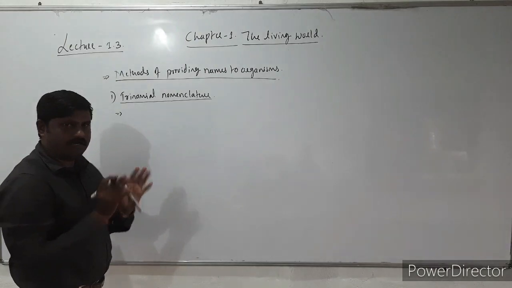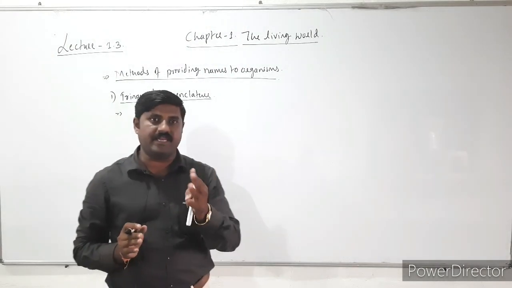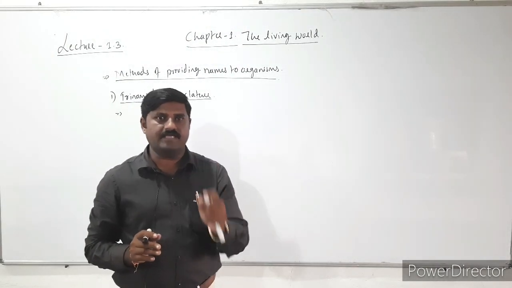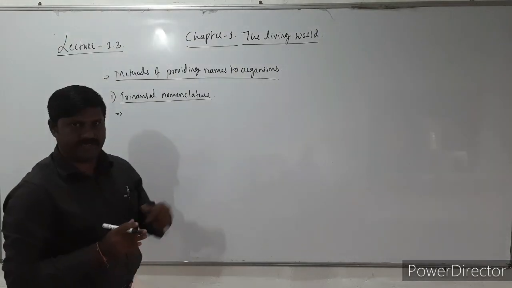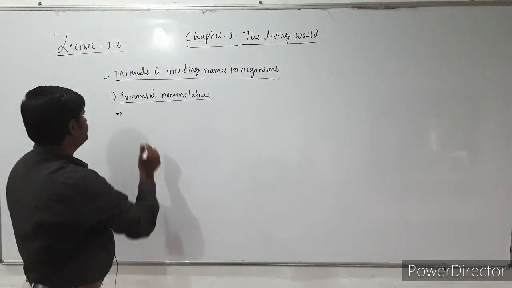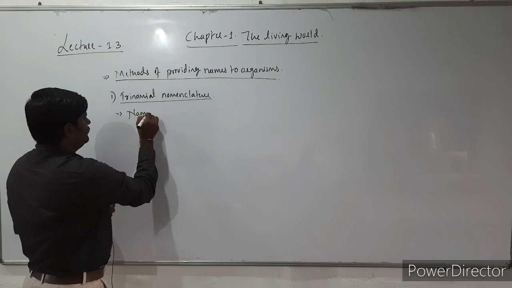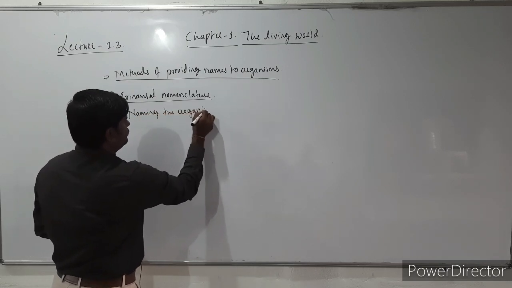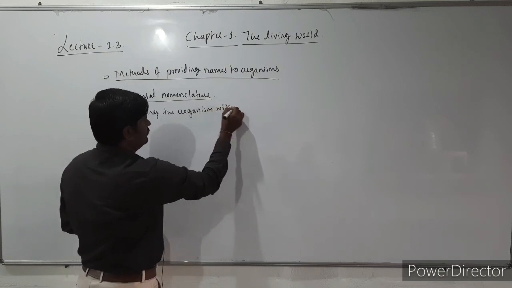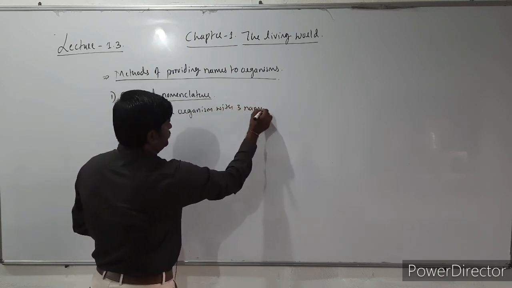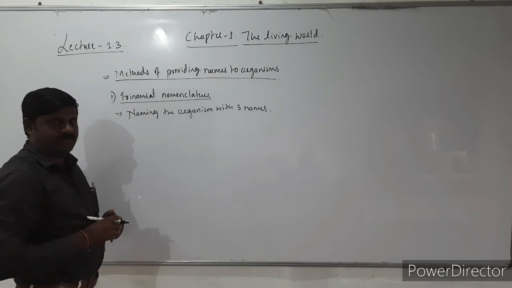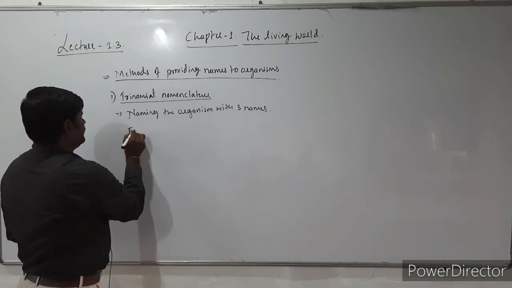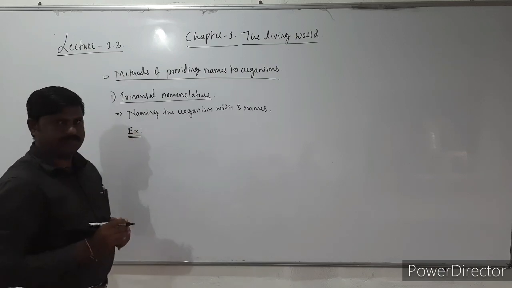So naming the organism by using three names is called trinomial nomenclature, right? Say for example, one example we will take.